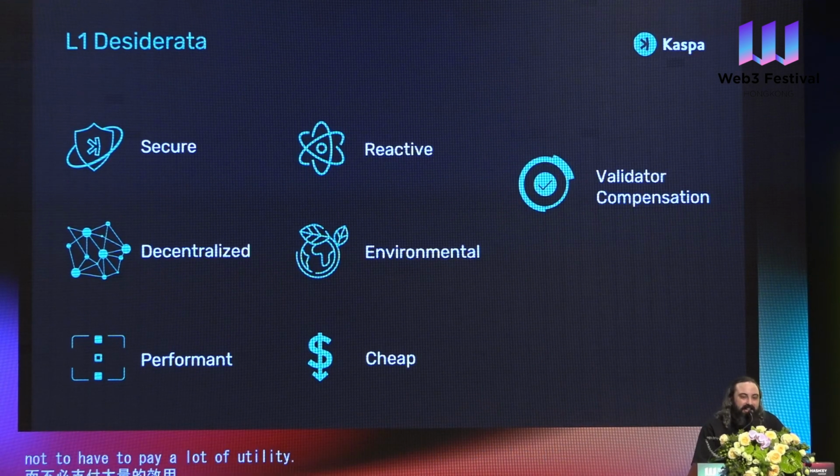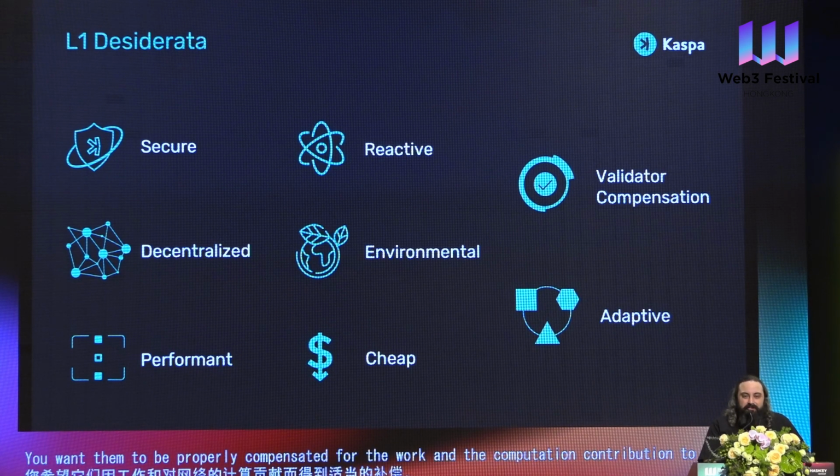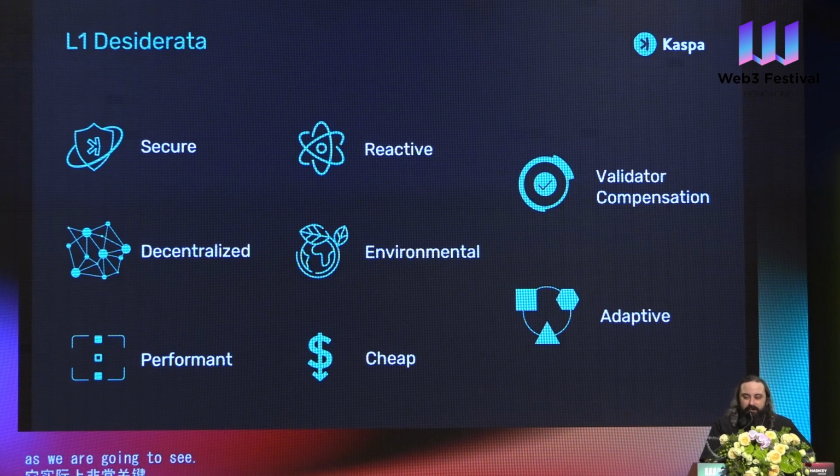You want the validators, whether they are miners on the proof of work or the validators and block creators on the proof of stakes, you want them to be properly compensated for their work and their contribution to the network. And you want it to be adaptive, which is a tricky one. It's something that most people haven't even thought about, but it's actually very crucial, as we are going to see. And I'm going to explain this as I get to it.